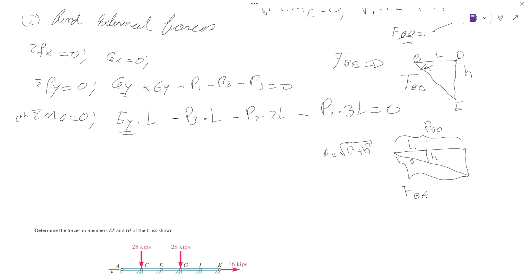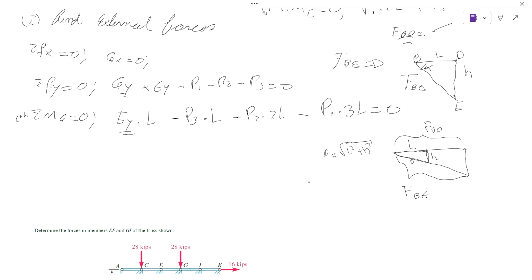So whichever method you prefer, you can find the angle, or you can find this hypotenuse, which is this distance from B to E in inches or meters or whatever. We have the distance H given to us, the distance L is given, and then we simply have to do a ratio of forces.